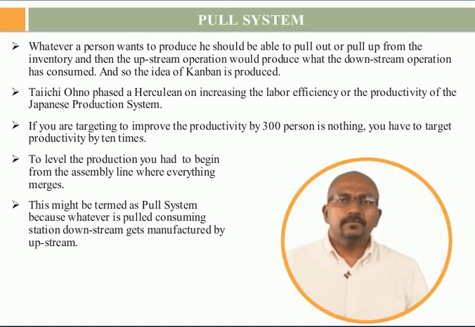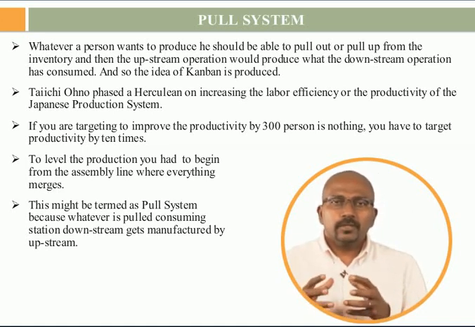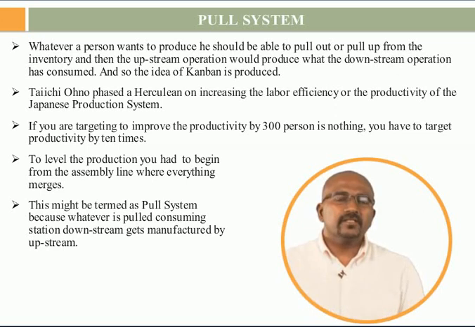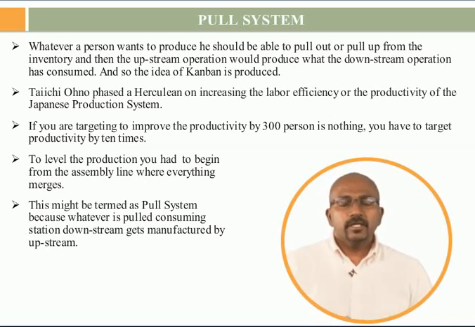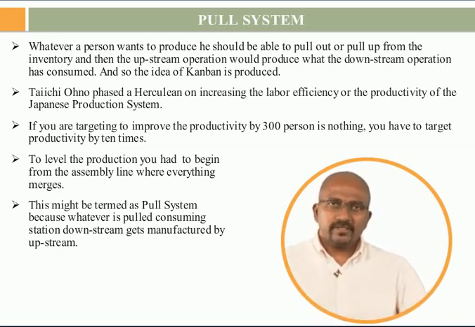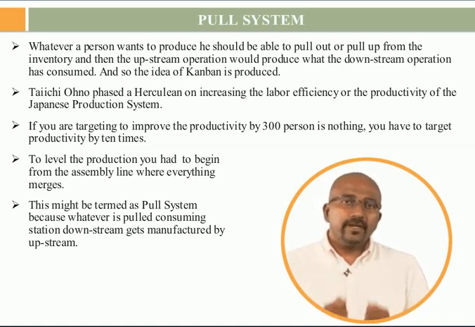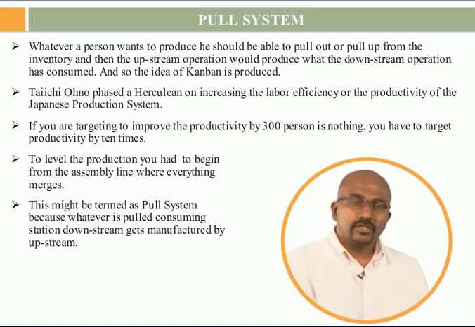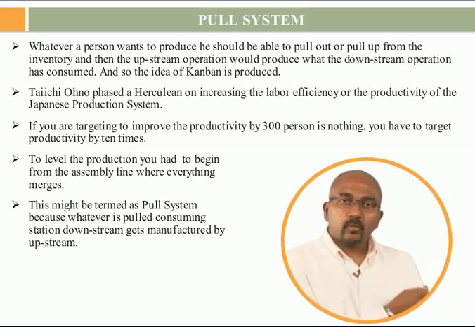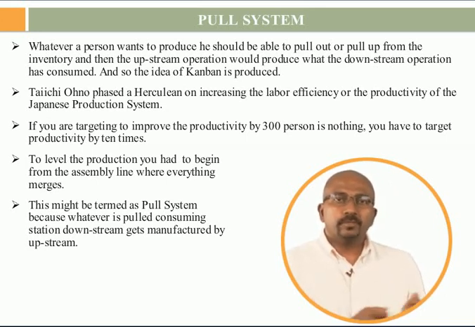Now it sounds very simple, but this is how Taiichi Ohno surmounted the first hurdle in trying to make sure that the flow happens. So what he did was, he made sure there was no place, but you only produce what was needed downstream. So Kanban was what he invented to make sure that the communication goes to the upstream manufacturing station, that what he has to produce for downstream.